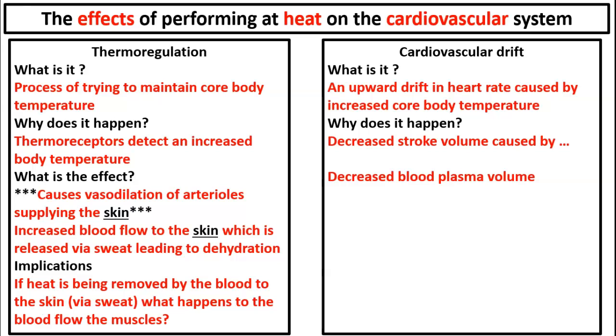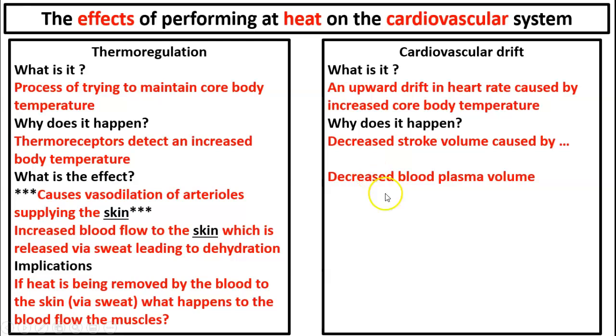This causes our stroke volume to decrease. When our stroke volume decreases, this then stimulates our heart rate to move up. And as we will remember, the reason why our heart rate increases when our stroke volume and blood plasma decrease is to try and maintain cardiac output. Now, this is unsuccessful. Why?